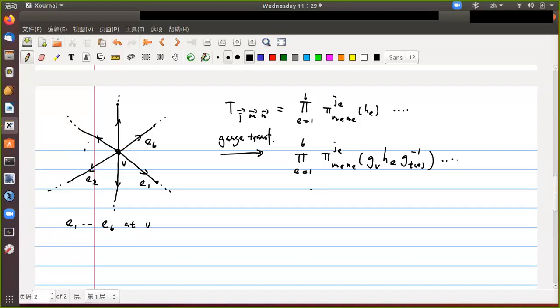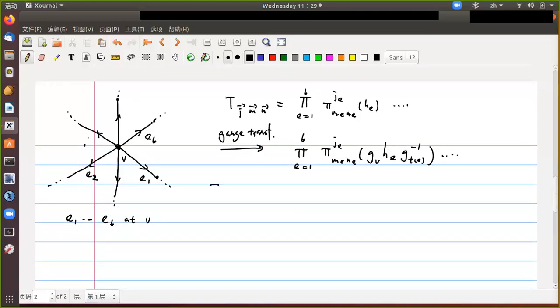Now, as I mentioned, this pi is just the Wigner D matrix. Pi j m n is just the matrix element of a representation matrix.